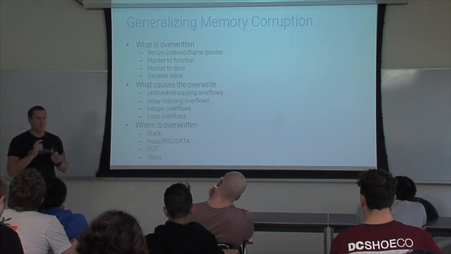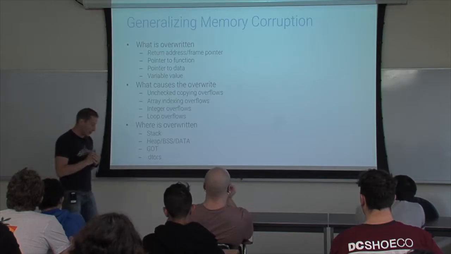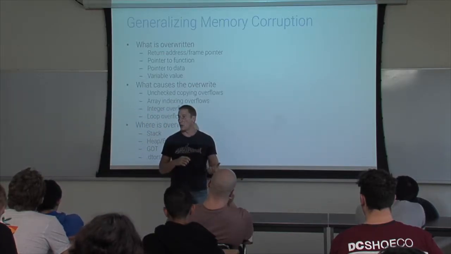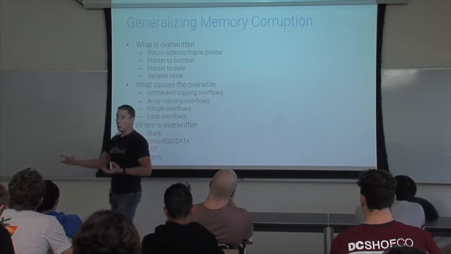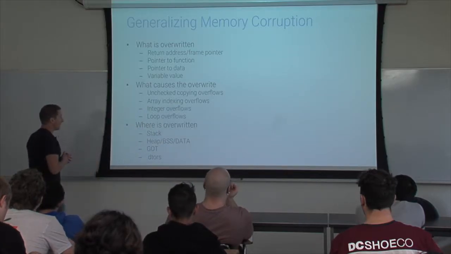Or when you convert or compare signed and unsigned integers without care, and suddenly you have a negative value that is compared as an unsigned, which becomes a gigantic value, and we will see an example of that. It can be very tricky.